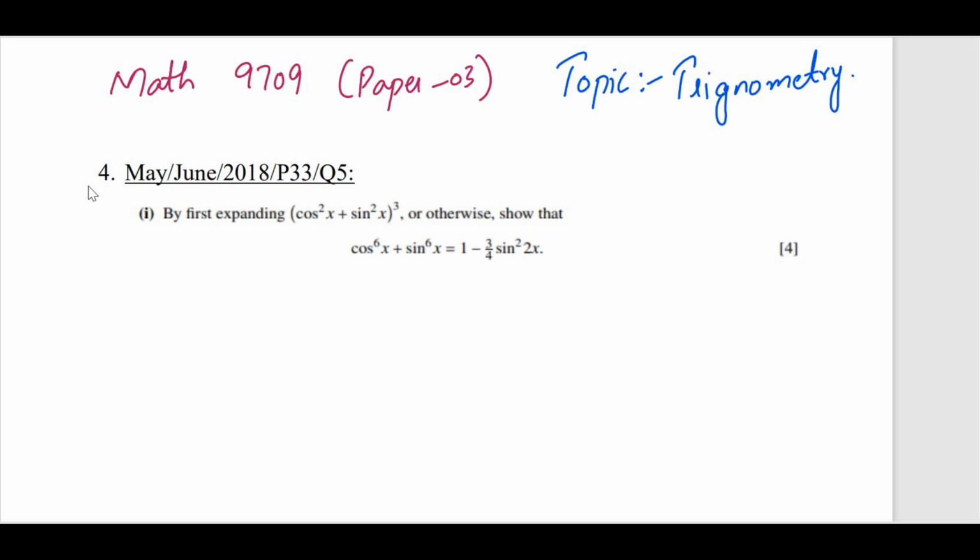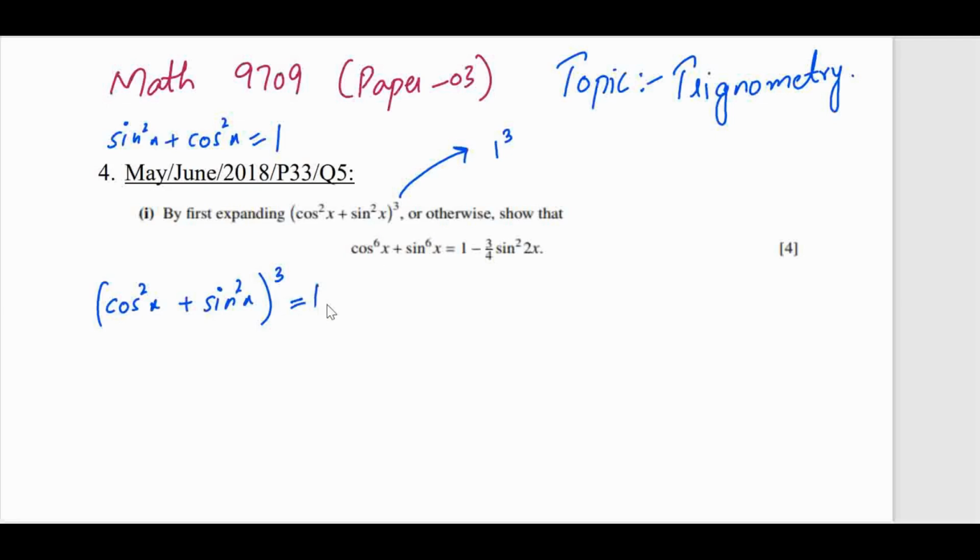First of all, we know that sine square of x plus cos square of x is equal to 1, which means that this whole expression is equal to 1 cube. We can write this as 1 cube. So we can write (cos square of x plus sine square of x) whole cube is equal to 1.